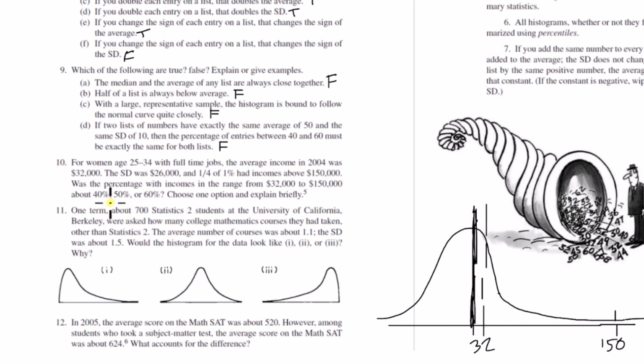The area between 32 and 150 is going to be less than that for sure. So it can't be 50. Between these three options, it's got to be 40.